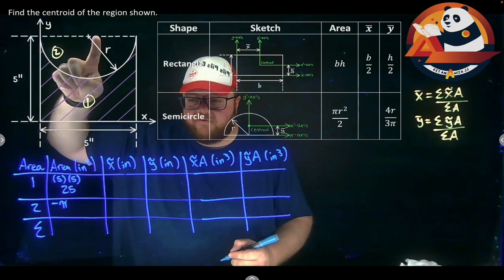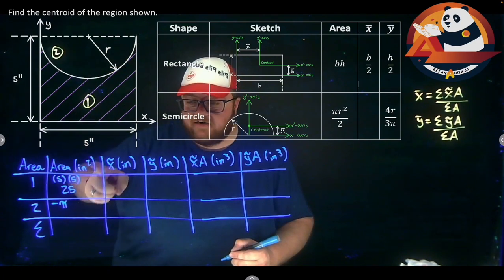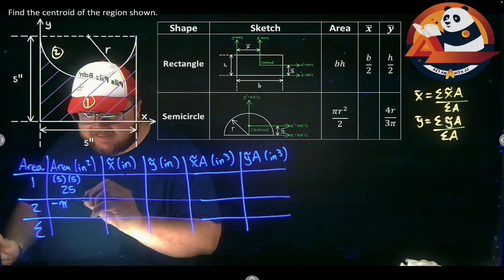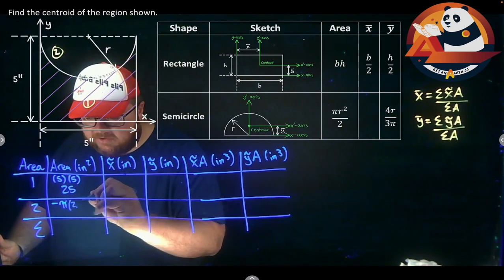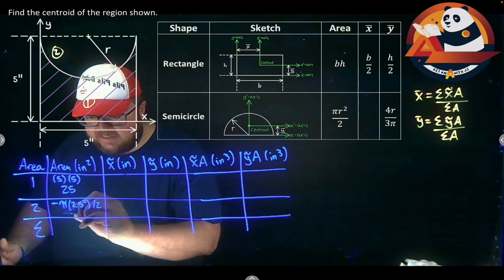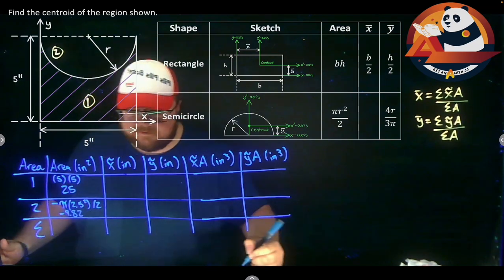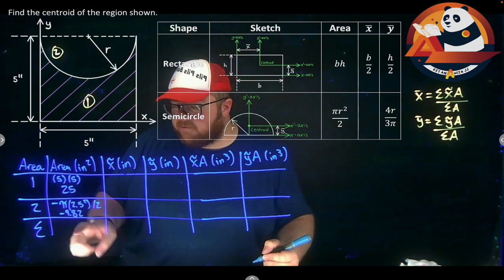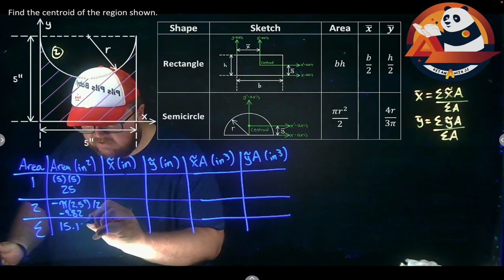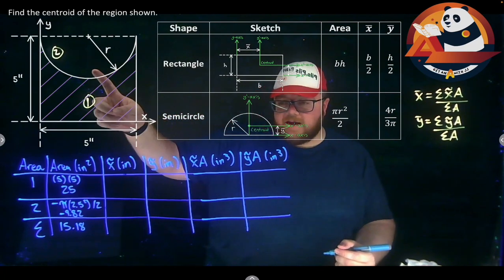If this goes from one edge to the next, the diameter is 5 inches, so the radius is half of that, 2.5. So negative pi times 2.5 squared divided by 2 is negative 9.82. 25 minus 9.82 gives a total area of 15.18 square inches.